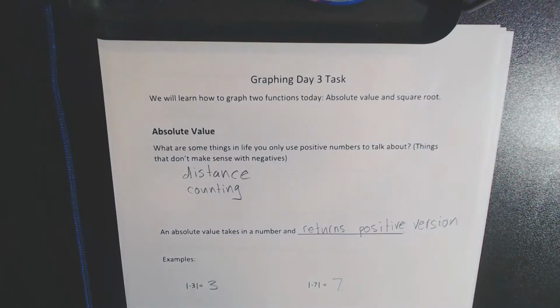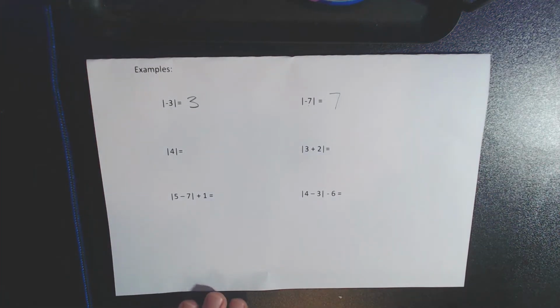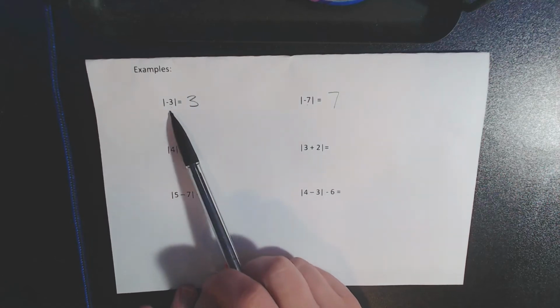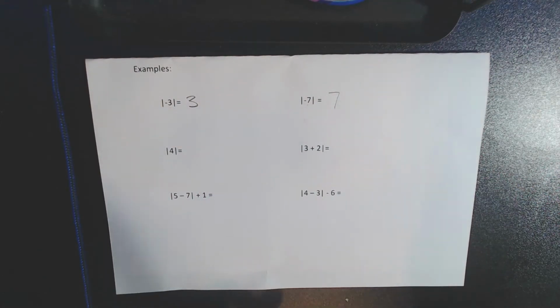Now that leads us to an interesting idea. We did two examples so far, right? We found the absolute value of -3 was +3, and the absolute value of -7 was +7.